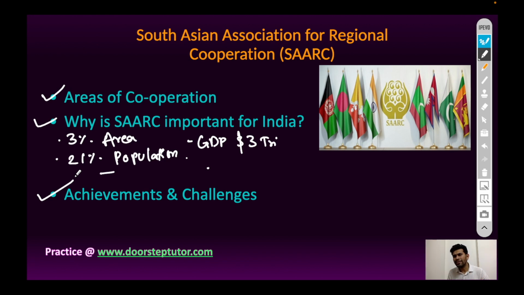But some challenges are also there, like the motor vehicle agreement was ready to be signed in 2014 at the Kathmandu summit, but Pakistan objected to the agreement at the last minute. Now, the forum has become a zone of rivalry between India and Pakistan and China, and Pakistan's refusal to crack down on terrorism.